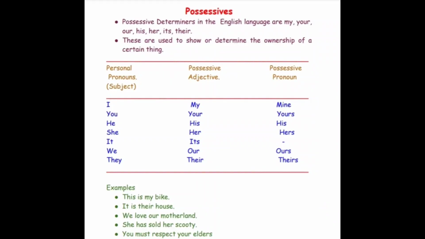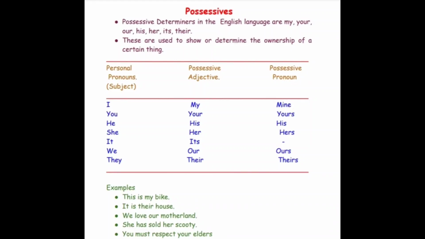Only possessive determiners are what we are going to talk about over here, and possessive determiners are the possessive adjectives. We are not going to talk about possessive pronouns over here. For your clarity, I have presented a beautiful table over here.